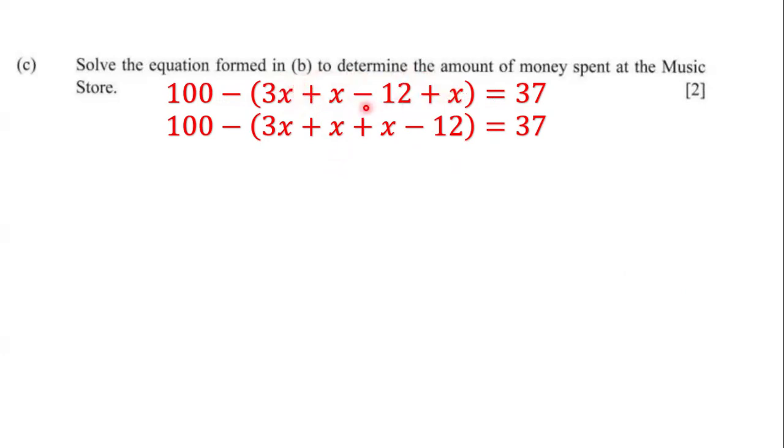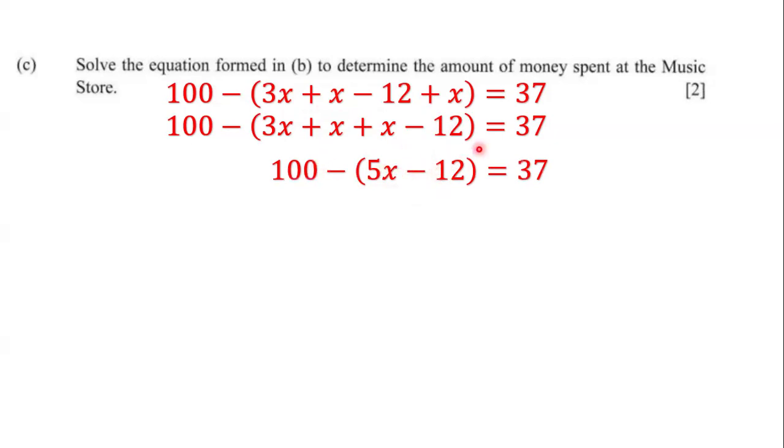So we group our like terms. We have 3X, X, and X, and then negative 12. 3X plus 1X plus 1X is going to be 5X. And then we still have the minus 12. So in the parentheses, we have 5X minus 12.